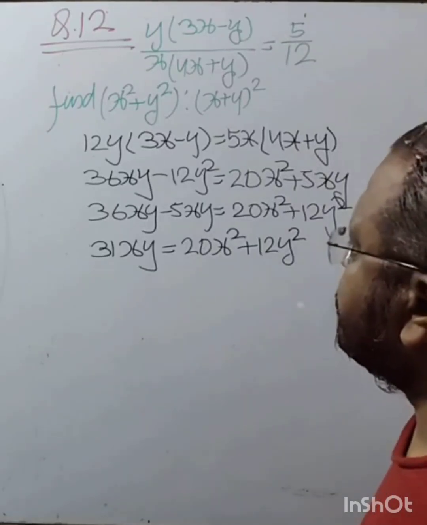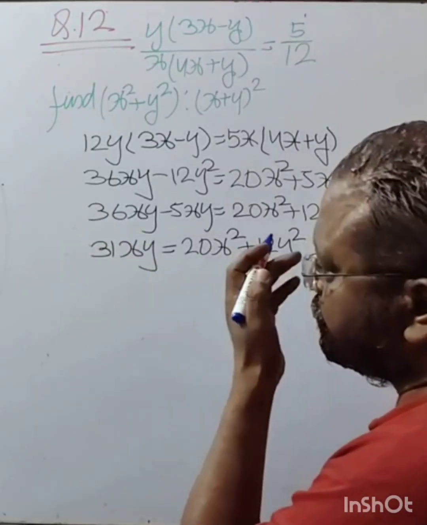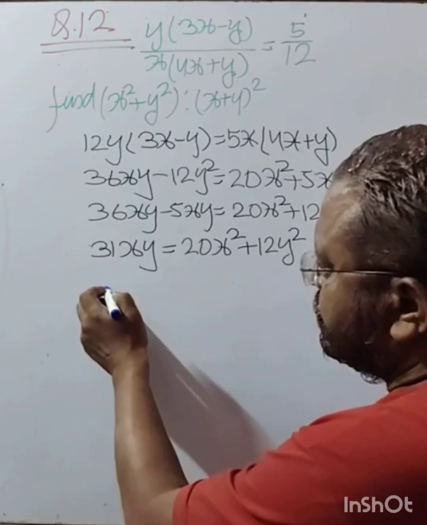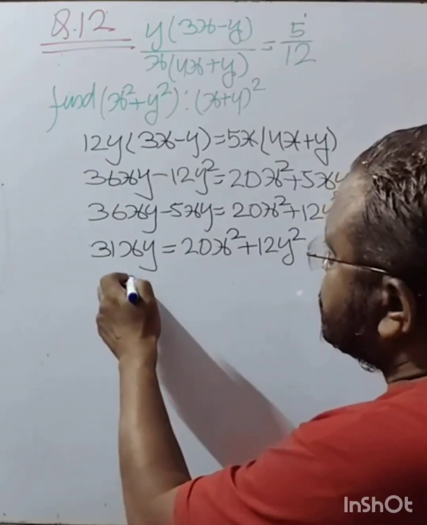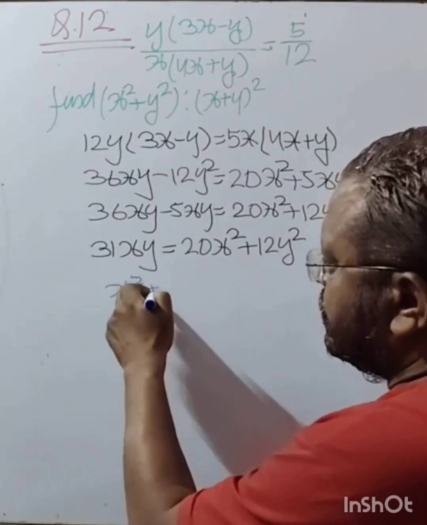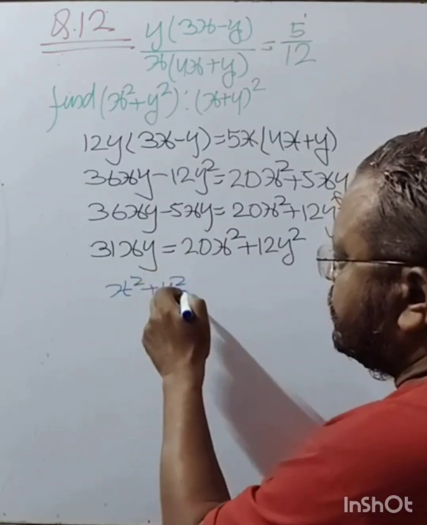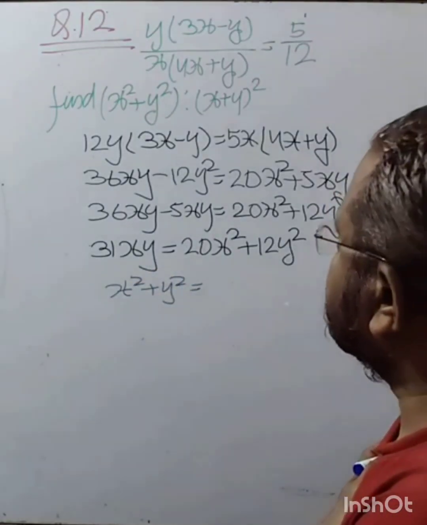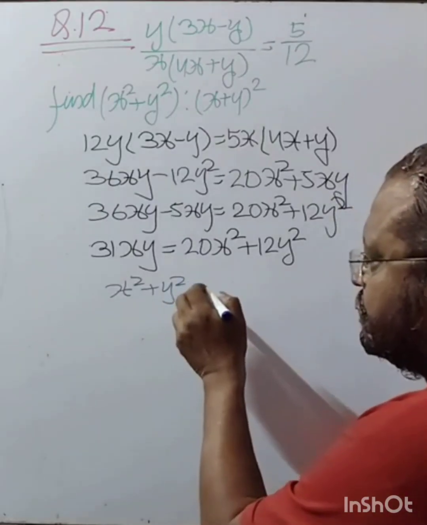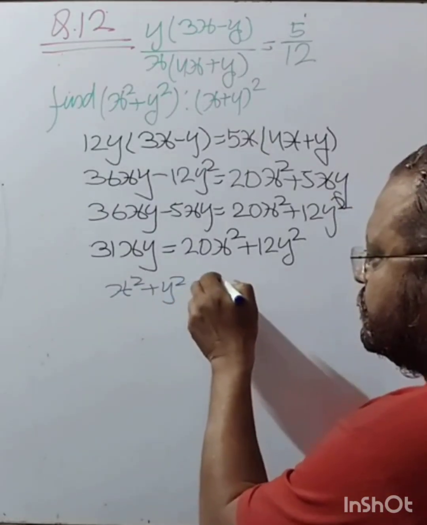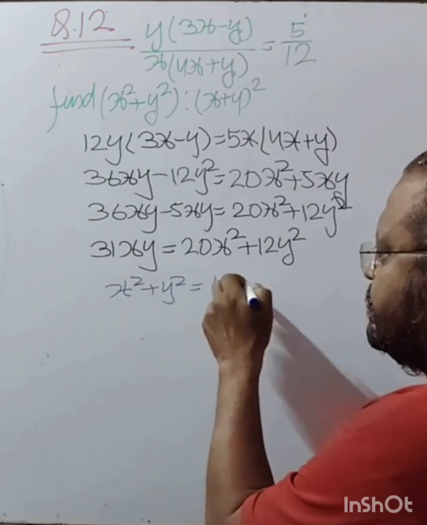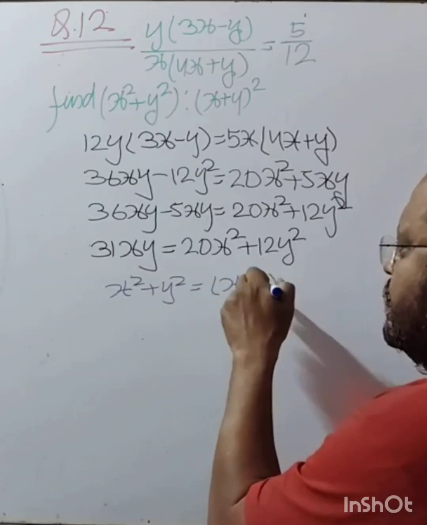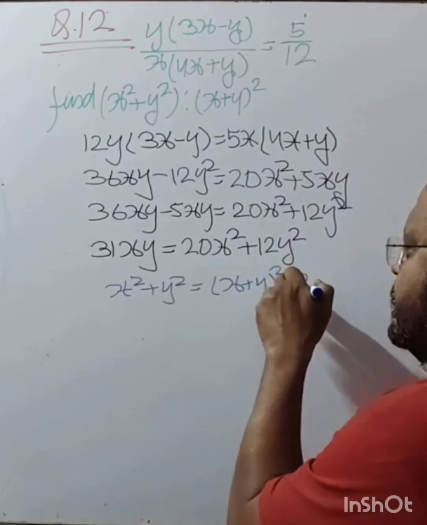If I write here x square plus y square is equal to (x plus y) whole square minus 2xy.